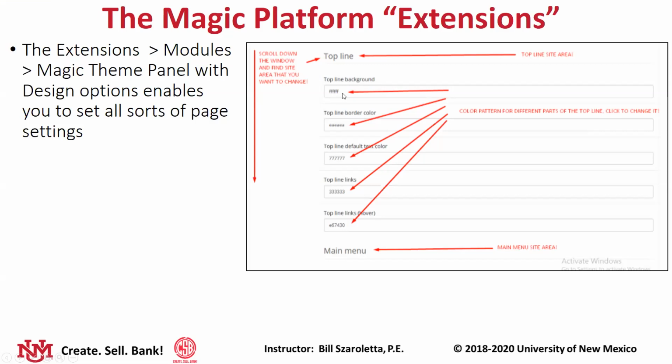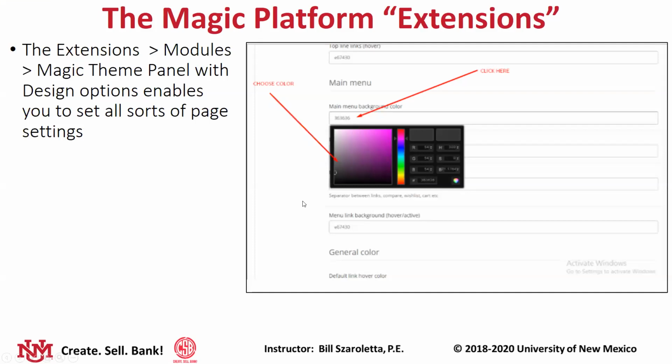FFFFFF, 6 Fs, is white in HTML. And you can set different colors, just putting in the hex code for the color, and so you can have full customization of this, or you can use the color choosers, and you just click and the code will show up right there.